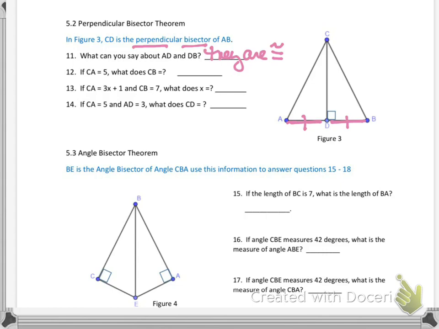And question 2 in this section is actually question 11. So we're going to do that in gold. So if CA is 5, okay, so I have this situation still going on with the pink. That's still true. If CA is 5, what can we say about CB? Well, when you have a perpendicular bisector, what happens is you form two congruent triangles. Here's the first triangle right there.